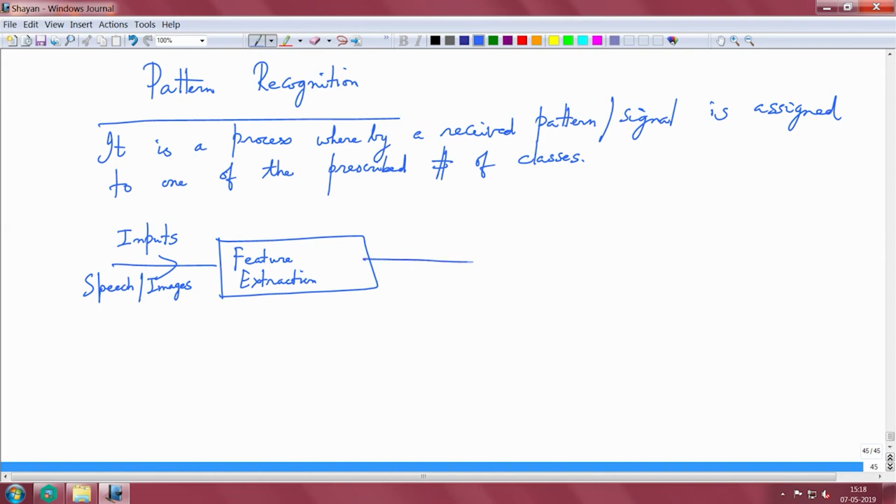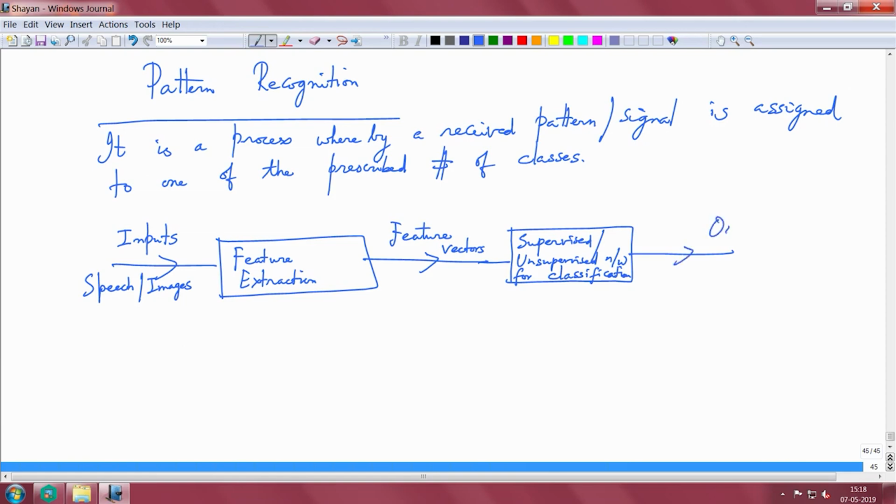From the feature extraction, we get the feature vectors, and the output of the feature vectors is fed into a supervised or possibly an unsupervised network for classification.